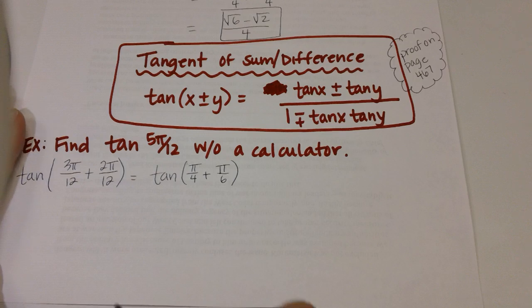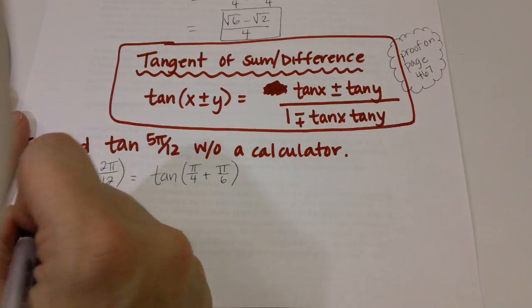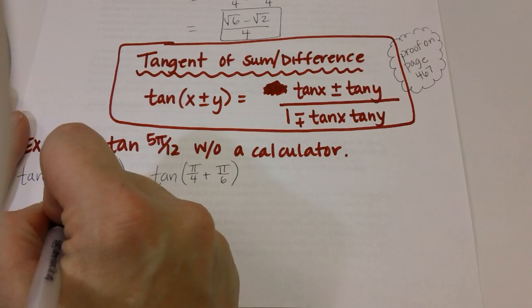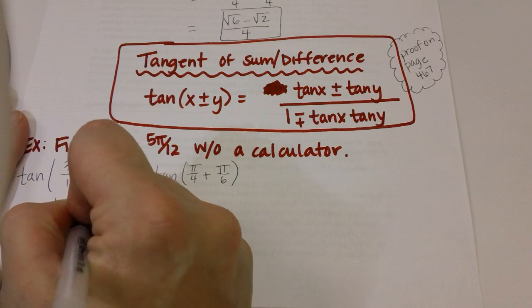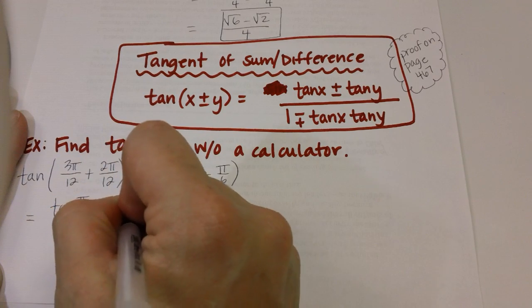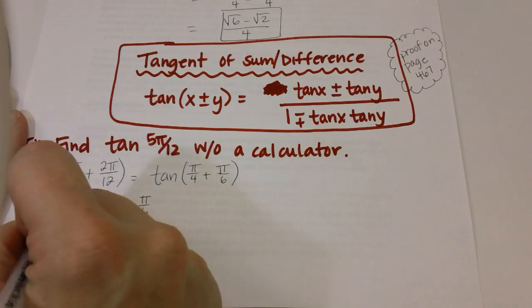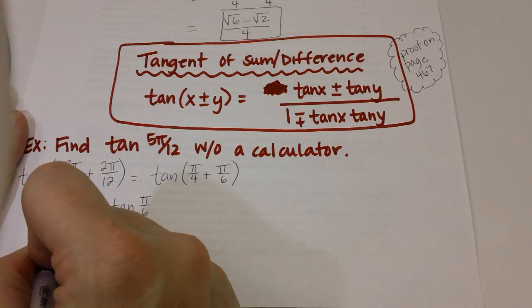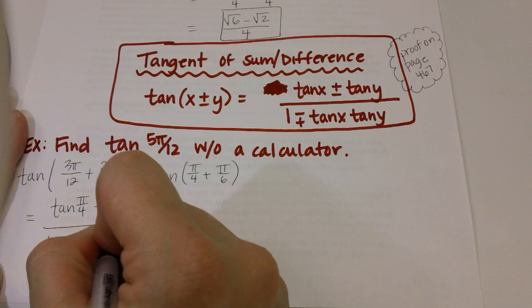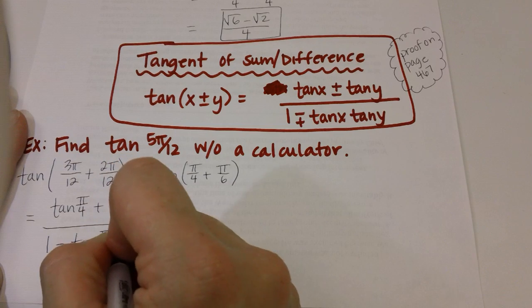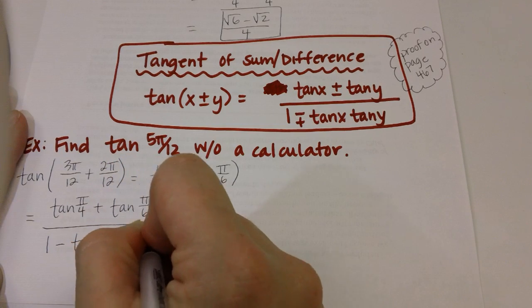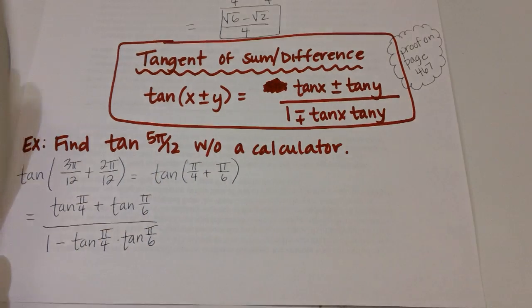Okay, so plugging this into our identity, we are looking at the tangent of pi over 4 plus the tangent of pi over 6, over 1 minus the tangent of pi over 4 times the tangent of pi over 6.